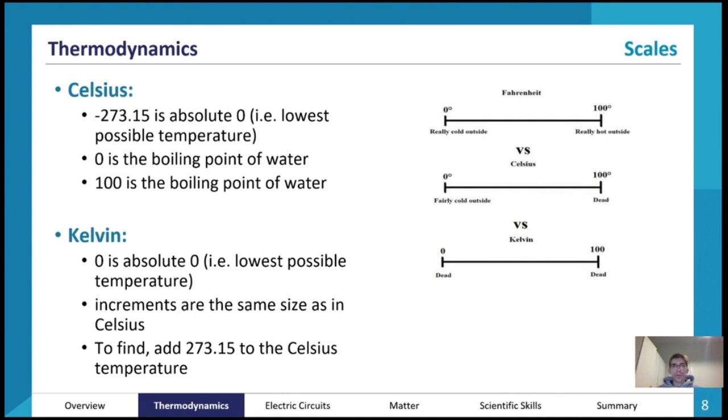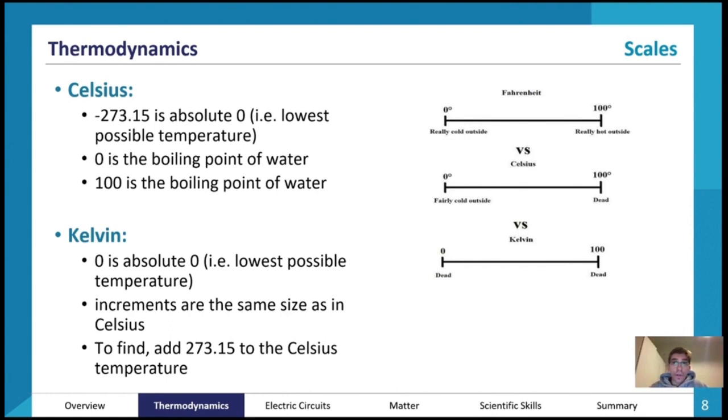So when it comes to thermodynamics, we need to talk about the difference between Celsius and Kelvin, right? The scales. Now, Celsius is essentially used in Europe, Australia, and actually most of the countries around the world. However, the United States of America use a different measurement system, which is called Fahrenheit.